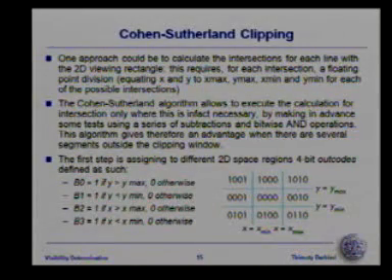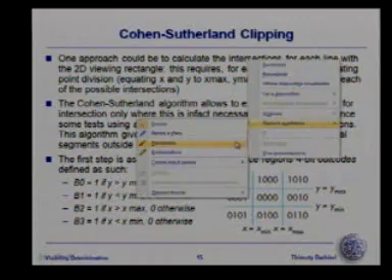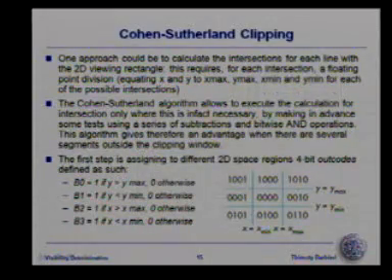Well, you assign a code made up of 4 bits to different bidimensional regions of space, specifically this one. Here inside, I'm making it bigger, this one here is my clipping area, my viewing volume. Okay? So inside the viewing volume, the code is 0000.